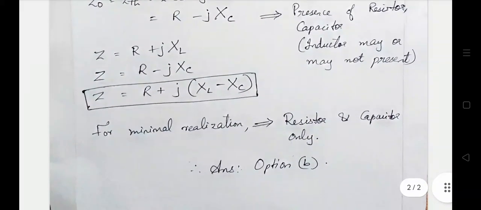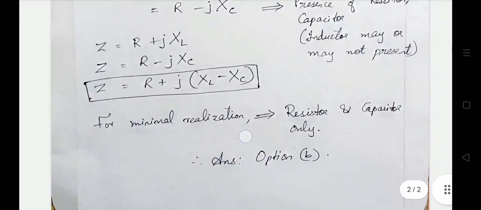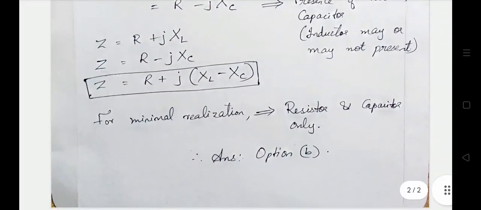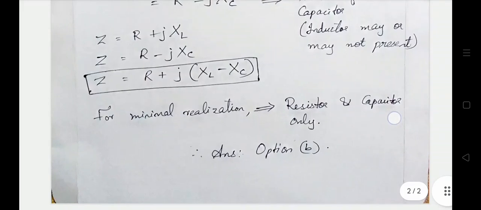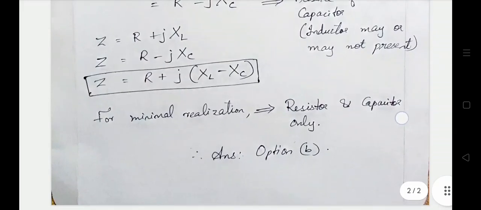Again, when it comes to the question, it is written as minimal realization. Minimal realization means we need only the minimum components. So it is better to avoid the inductor to make it a minimum realization. Avoid the inductor and we only need a resistor and capacitor.